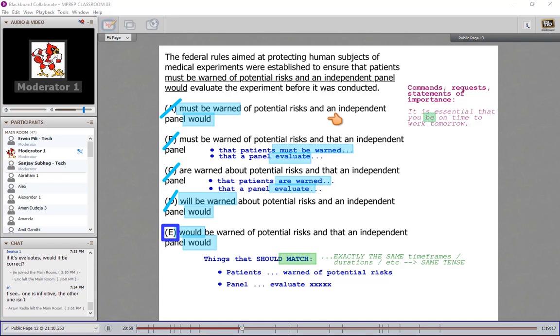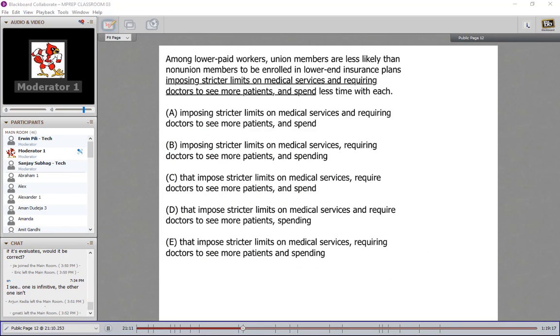Okay, cool. Let's move on to another problem. Let's do this one. Remember where the multiple choice answers are found.